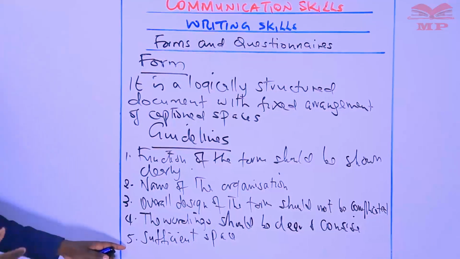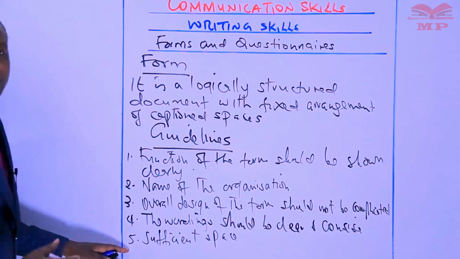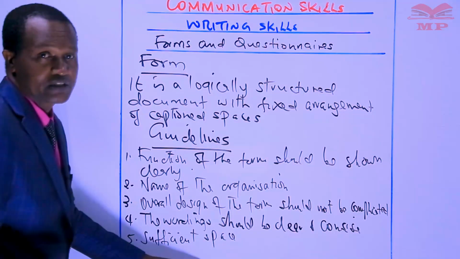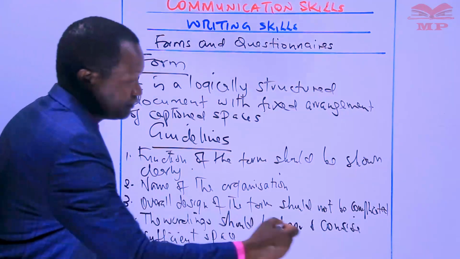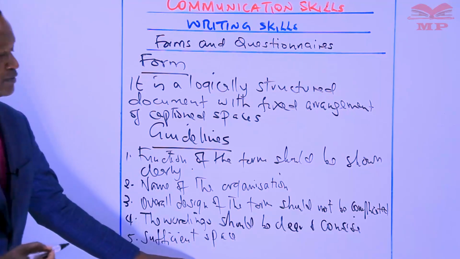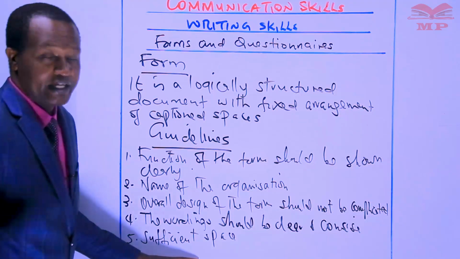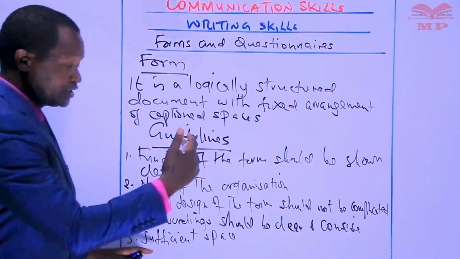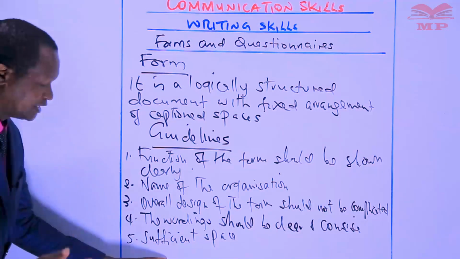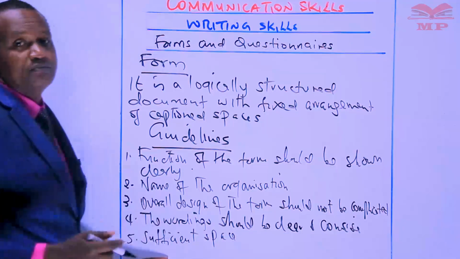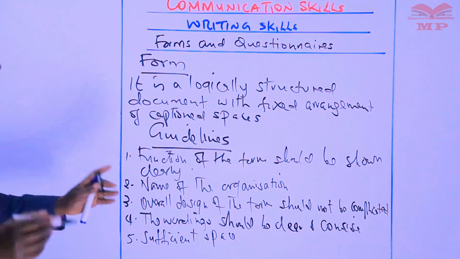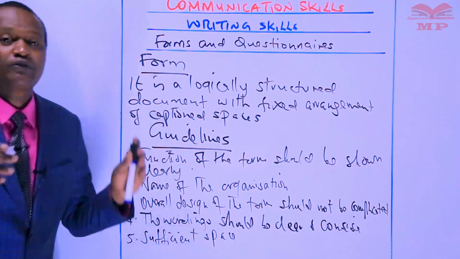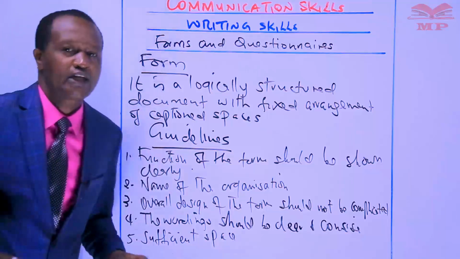If it is a space, for example, to indicate the telephone number, then there ought to be sufficient space or room to write a telephone number. If you require the three names of a person to be indicated on the form, then you need to leave sufficient room to indicate three names of the applicant. Sufficient spaces should be allowed for providing the information that is required.